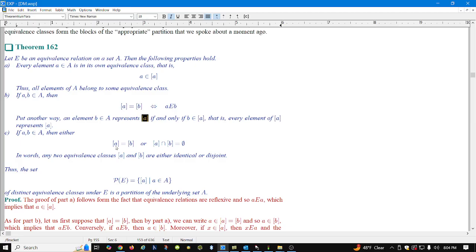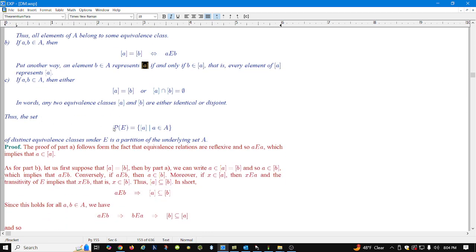Again, that's a property of the blocks of a partition. So the set of equivalence classes, the distinct equivalence classes, no duplicates, form a partition of the underlying set A.